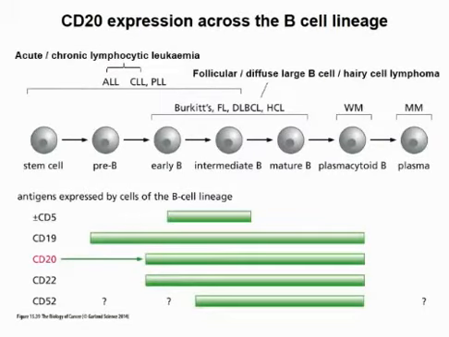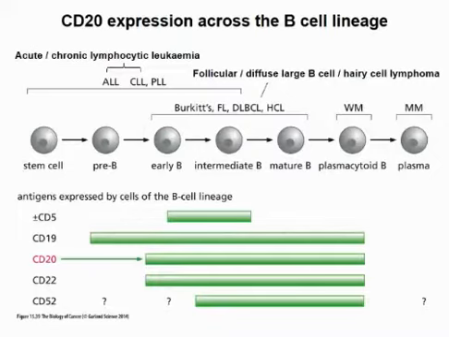And so this is the expression of CD20 across the B cell lineage compared to a number of other well-characterized B cell markers. So here we're going from our stem cell all the way through to our plasma cell that produces antibody.